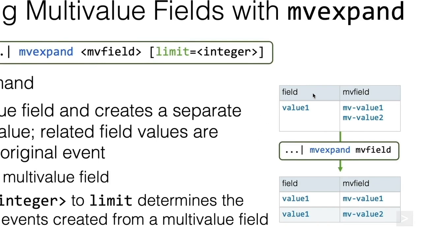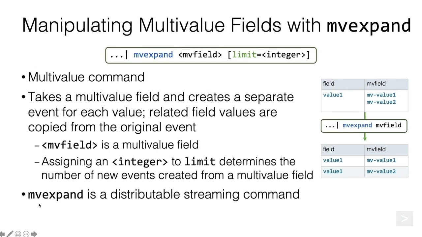In this example, we are passing in that multi-value field, expanding multiple events, and having the option to set a limit on the number of new events that are returned as a result of that mvexpand command. mvexpand is a distributable streaming command.